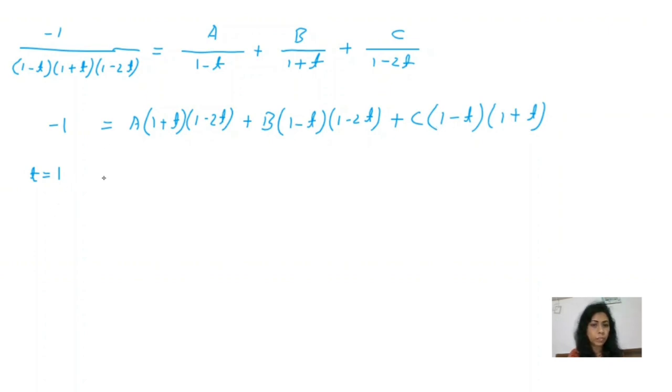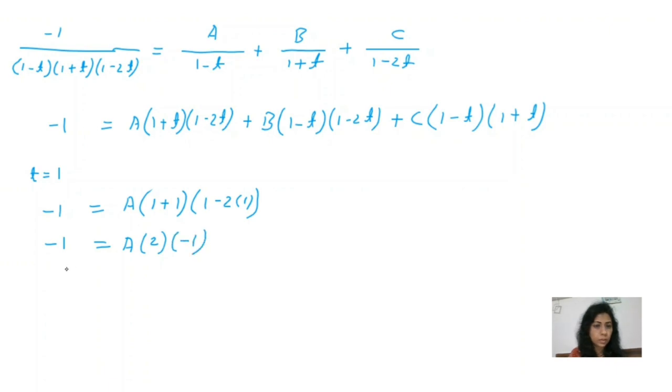So minus 1 is equal to A times (1 plus 1) times (1 minus 2 times 1), so 1 minus 2 is minus 1.